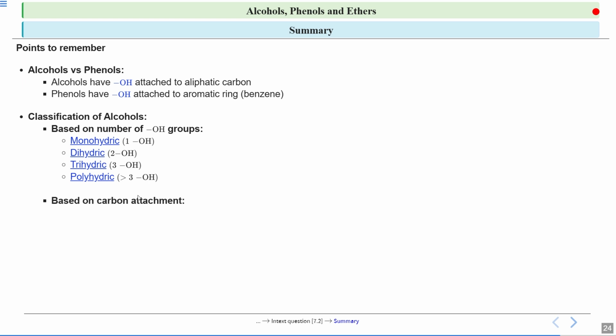The second classification is based on the carbon attached to the hydroxyl group. If the hydroxyl group is attached to a primary carbon, it is a primary alcohol; to a secondary carbon, a secondary alcohol; and to a tertiary carbon, a tertiary alcohol. So based on carbon attachment, alcohols are classified as primary, secondary, and tertiary.